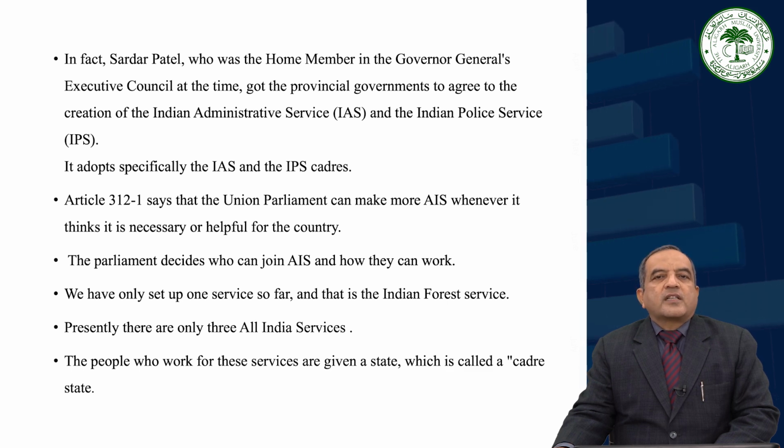Section 3 of this act says that the central government can make new rules and laws for the AIS. Presently, there are only three All India Services existing in the country, namely the Indian Administrative Service (IAS), Indian Police Service (IPS), and Indian Forest Service (IFS).